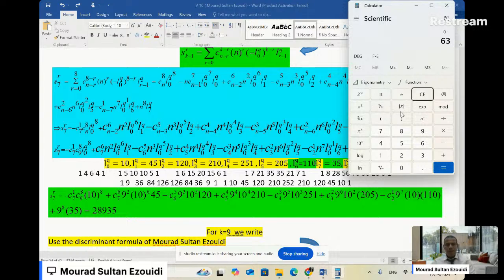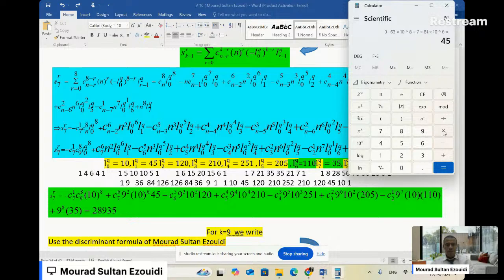Negative 63 multiplied by 10 raised to the power 8. Then plus 7 multiplied by 81, 9 squared, multiplied by 10 raised to the power 6, multiplied by 45.